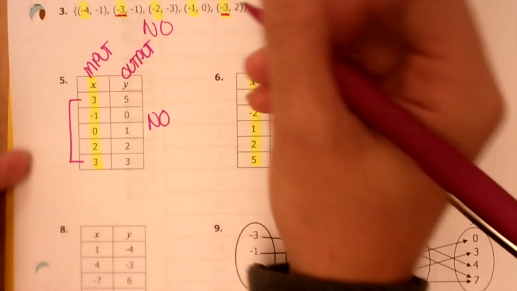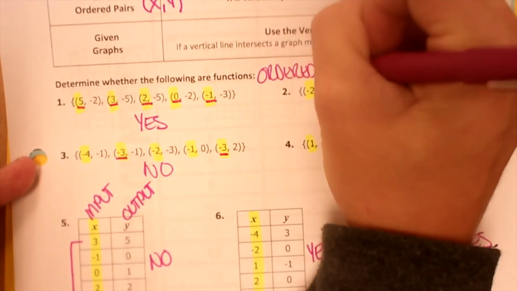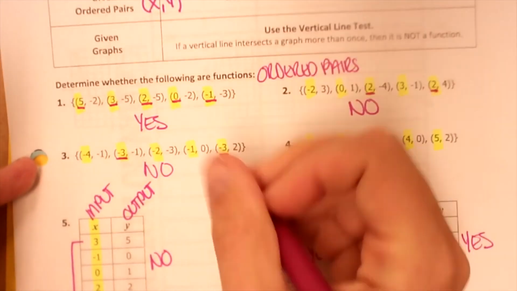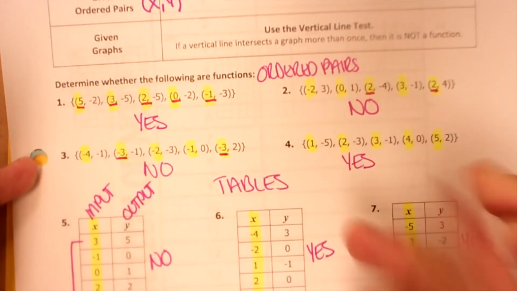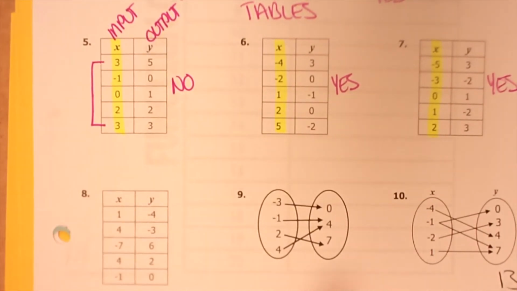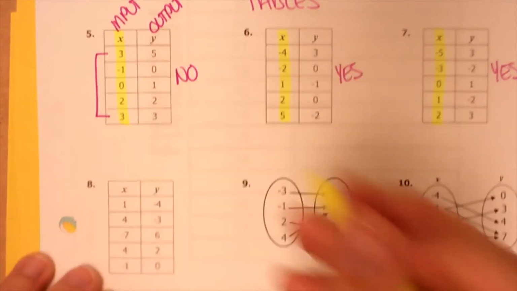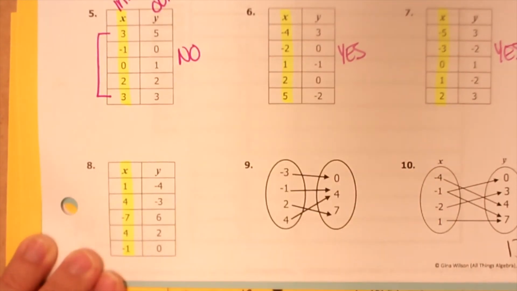So these, let's be sure and label. These are our ordered pairs. These are different ways we can see it. 5 through 8 are tables. Let's look at the last one, number 8. If we look at number 8, these are my x's. Are any of them repeated?